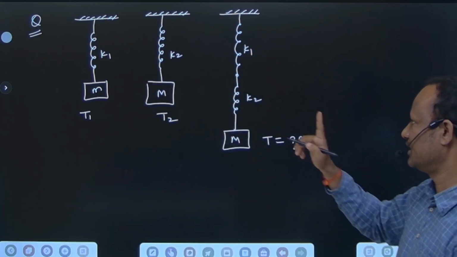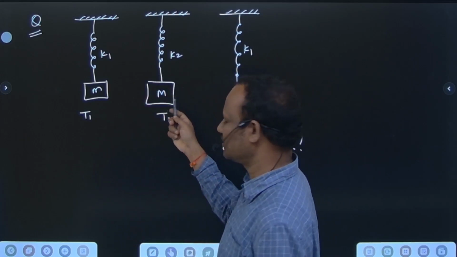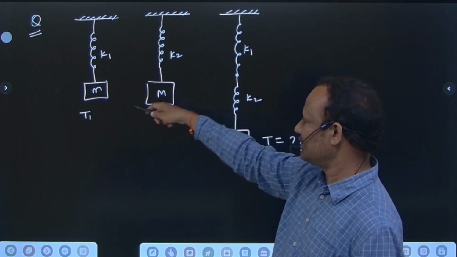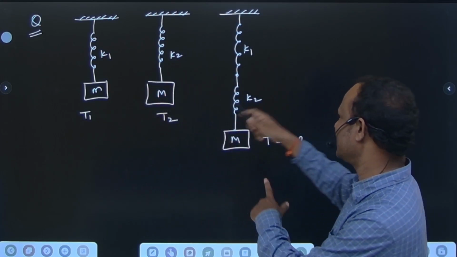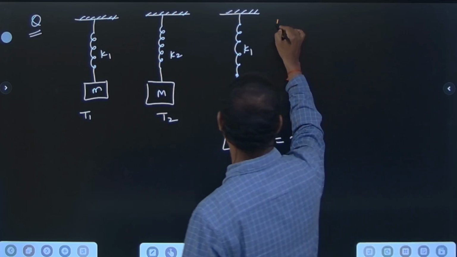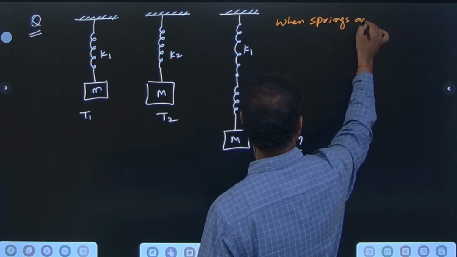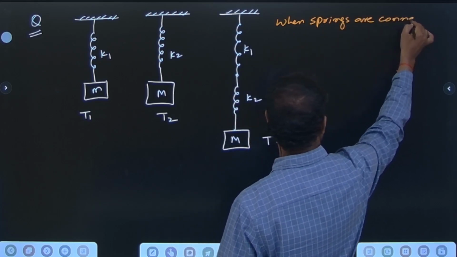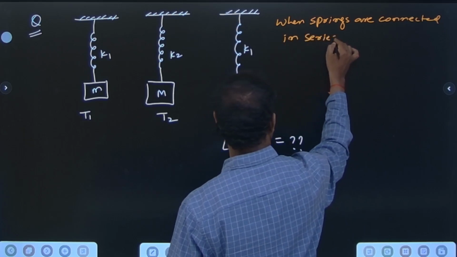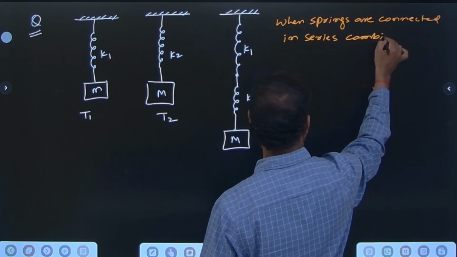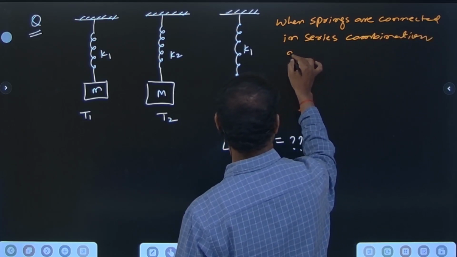First, a spring is taken, its spring constant is K1. Next spring, the spring constant is K2. When K1 is there with mass M, the time period is T1. The other's time period is T2. When these two springs are connected in series combination, what is the time period?